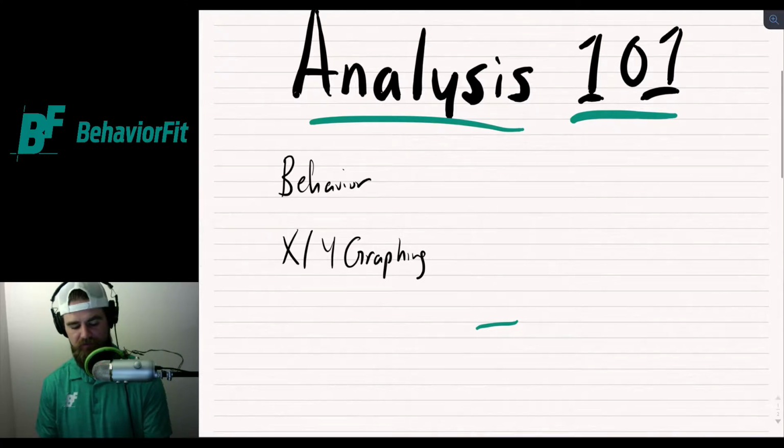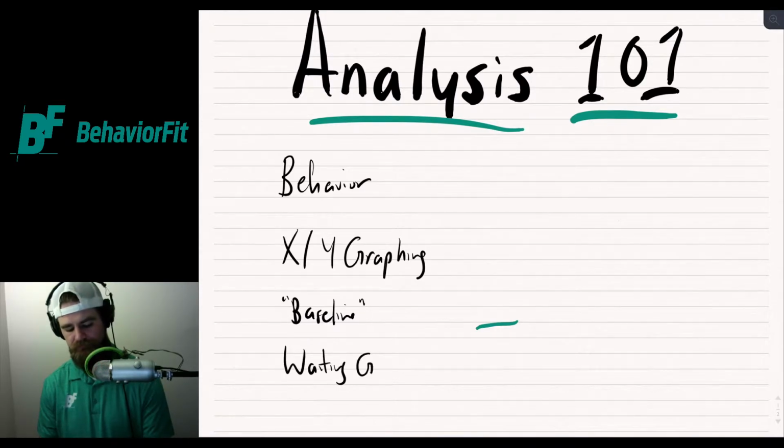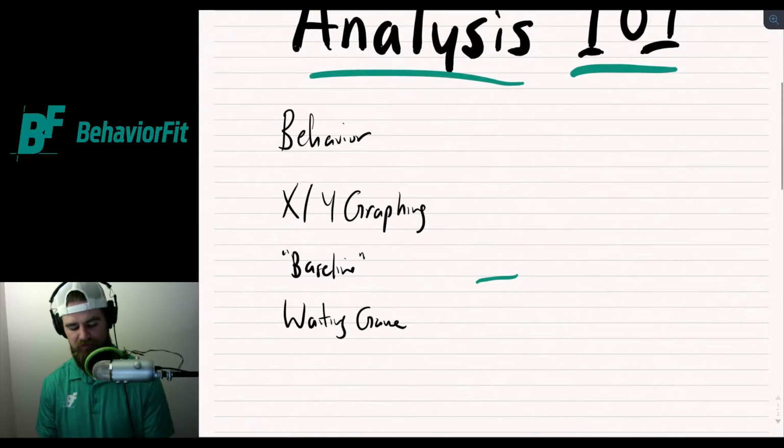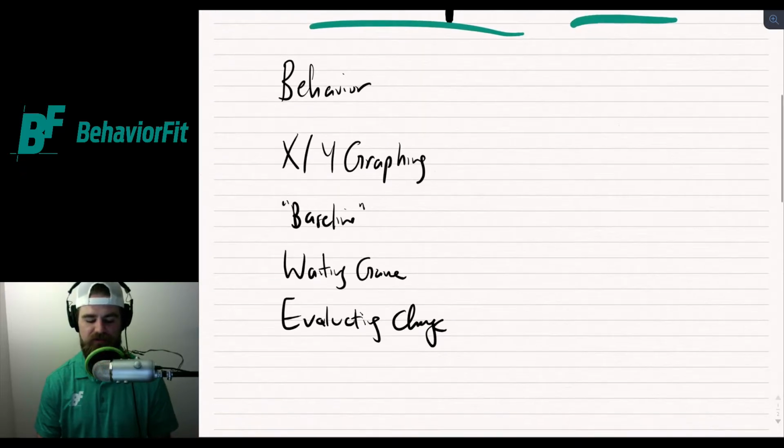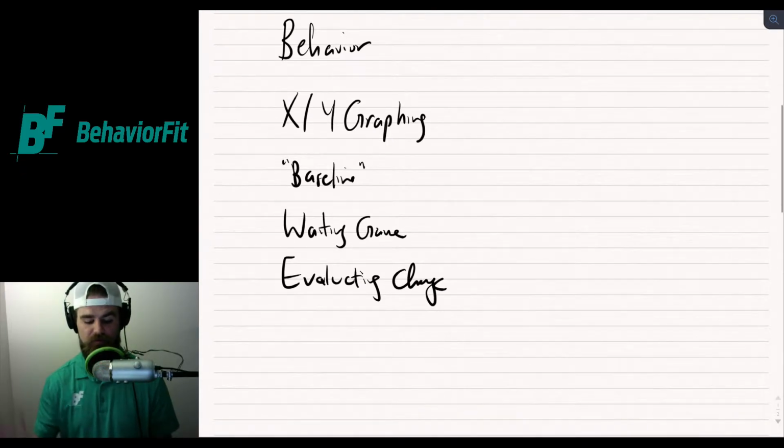We're going to talk about what our current baseline is. We're going to talk about the weighting game. And then at the end, we're going to talk about evaluating change. Okay, so those are going to be kind of our 5 talking points here. So we're going to look at behavior, XY graphing, our quote baseline, the weighting game, and evaluating change.